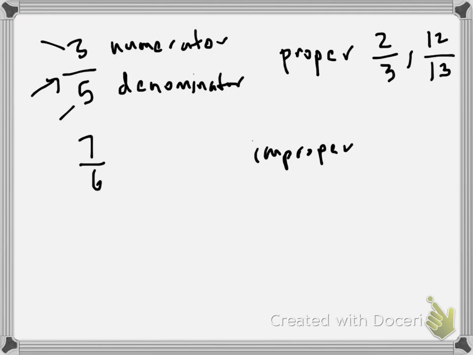Some other examples of improper fractions would be like 10/3. 10 on the top, bigger than 3 on the bottom. And 5/5 is an example of an improper fraction because any fraction is improper when the numerator is greater than or equal to the denominator.